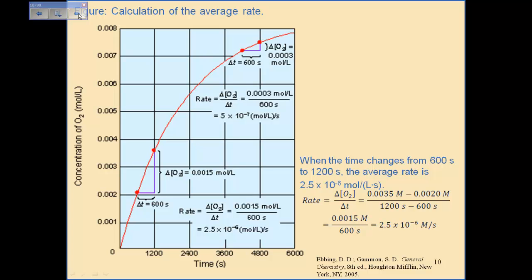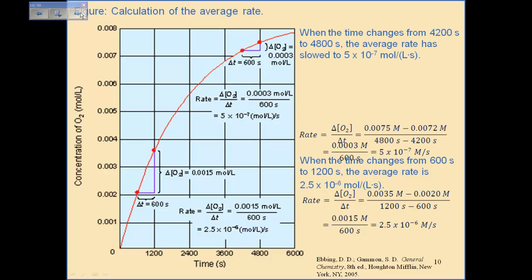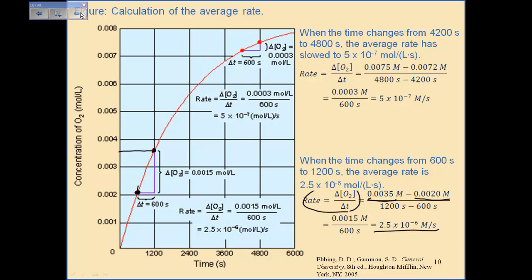Let's look at a different period of time. Let's choose a period of time of 4200 and 4800. At 4200, we have a molarity of about 0.0072, and at 4800, we have a molarity of 0.0075.